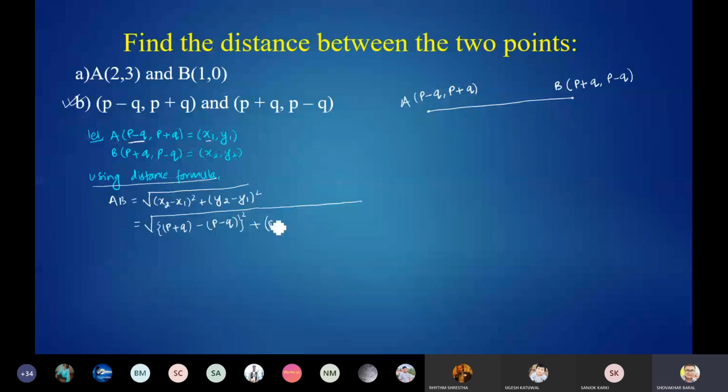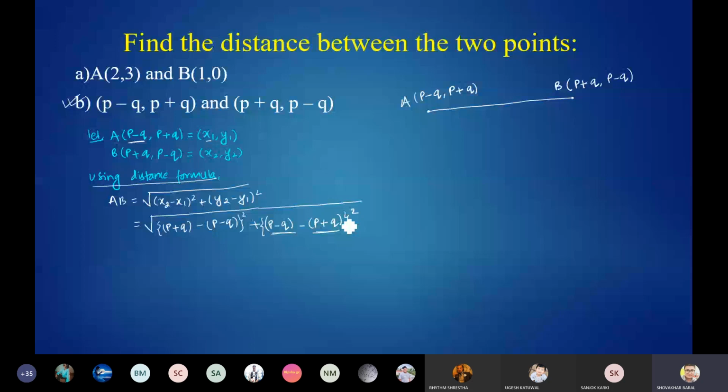Y2 is p minus q, and y1 is p plus q. So y2 minus y1 whole square.